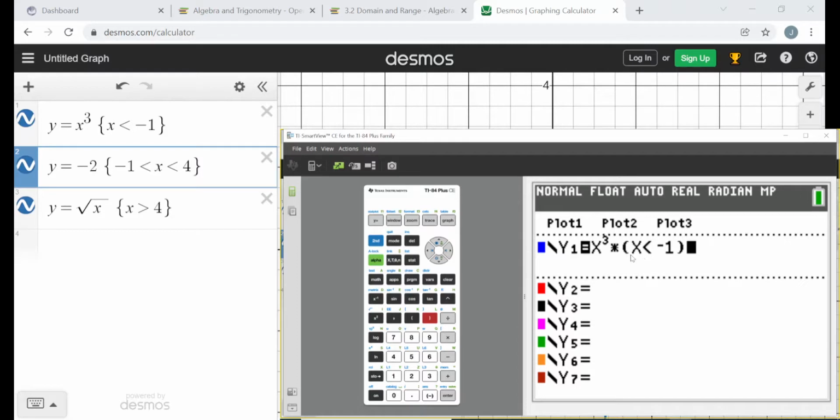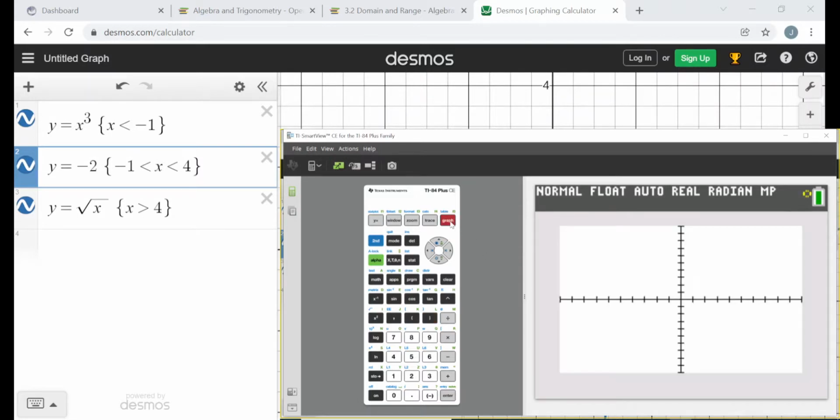These conditions, when they're true, have a value of 1, and when they're false, they have a value of 0. So it's like it makes the rest of it disappear. Let me show you what happens when I hit graph. See?